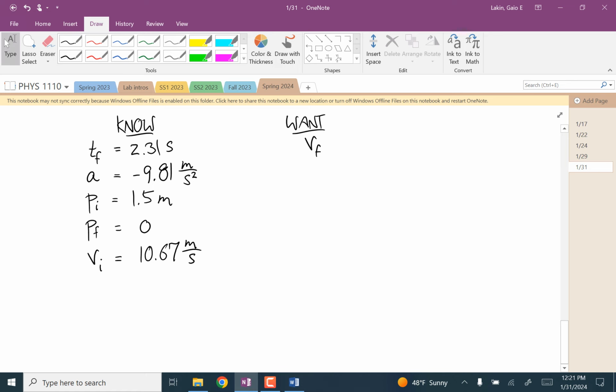So for this one, if you can ever use that velocity final equation, do it, because it's the simplest of the three. And we can use it here. So V final is equal to V initial plus A times t final. And you can see it works because V final is in it and everything else in it is known.